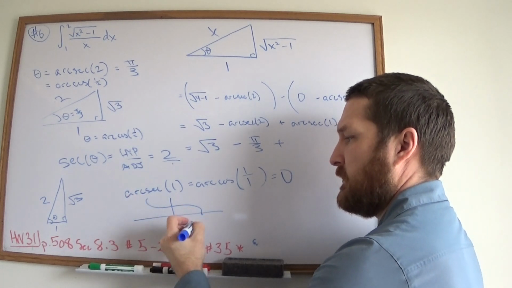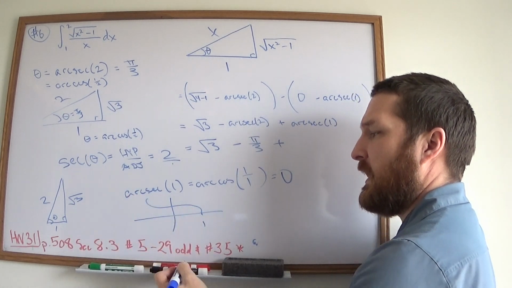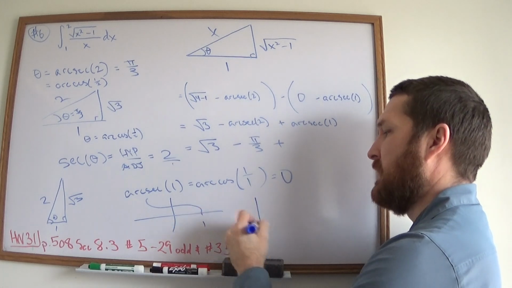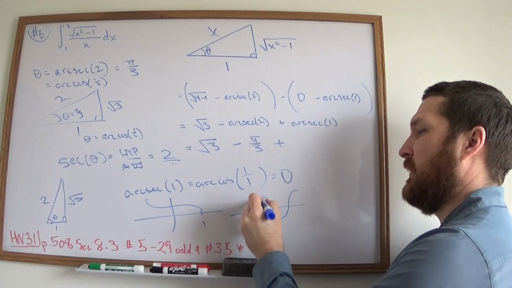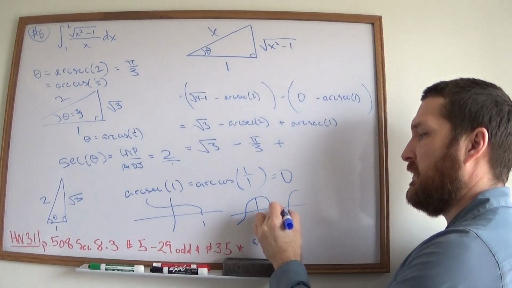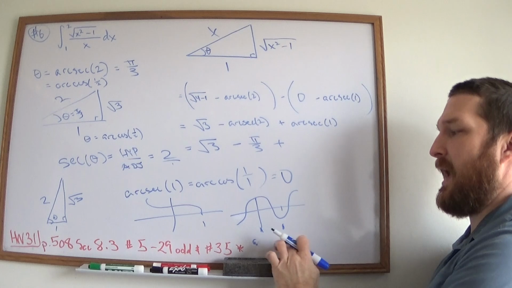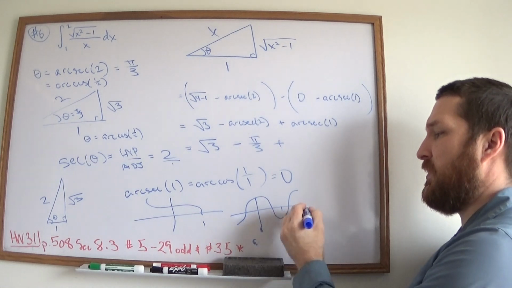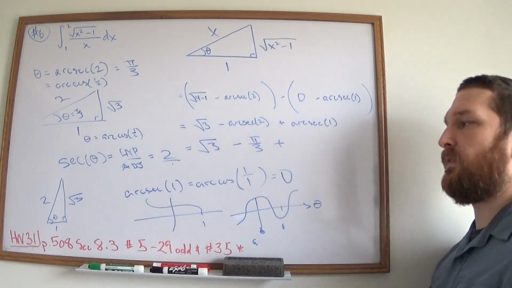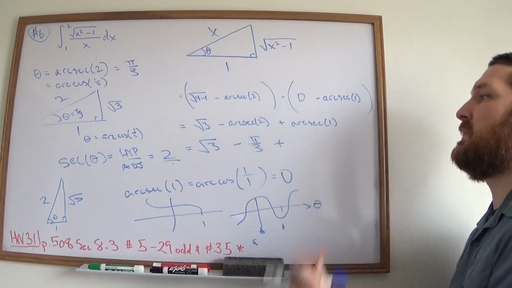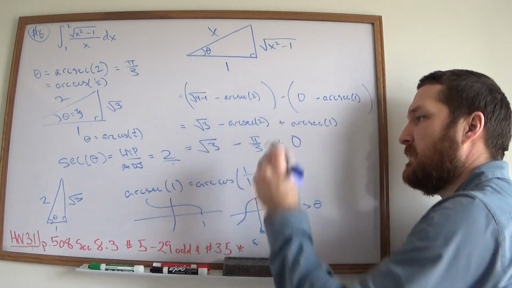Similarly, here's cosine. You're like, where in this interval do I get an output of 1? Well, I guess when theta is equal to 0. And so arc secant of 1 is 0.